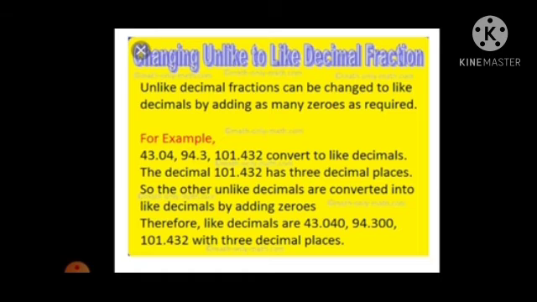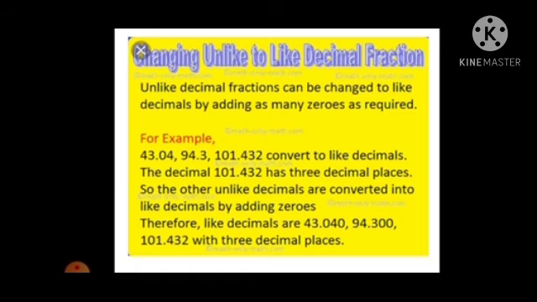So, it is very important to convert unlike decimals into like decimals. Like decimals are very easy to compare, add, subtract, etc.